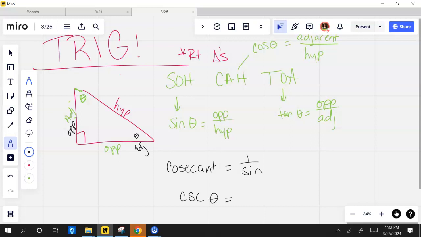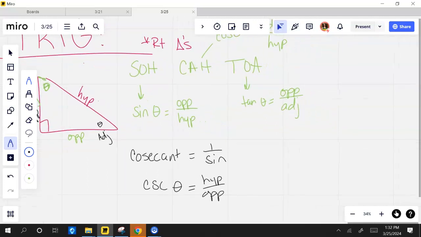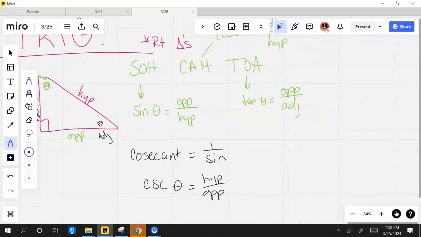Cosecant of theta, if it's the flip of sine, then it is hypotenuse over what? Over opposite. That's the abbreviation. Sine is actually S-I-N-E. Cosine is actually C-O-S-I-N-E. But we use a three-letter abbreviation.